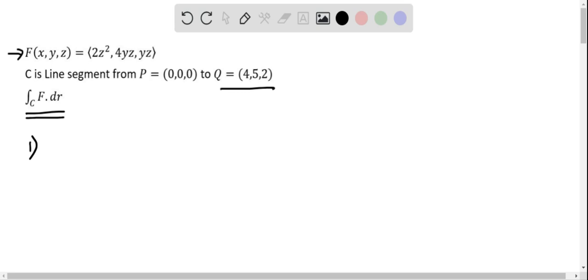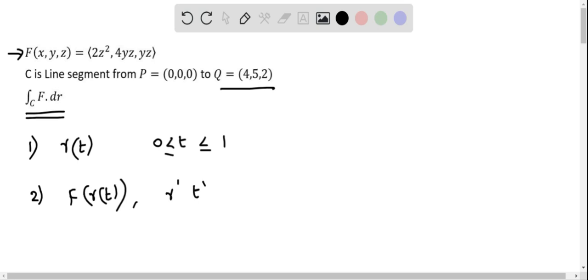The first step is to parameterize the line or the curve using r of t, where t goes from 0 to 1. Then we have to find F of r of t. Also, we have to find r prime of t, which is the derivative of r of t.